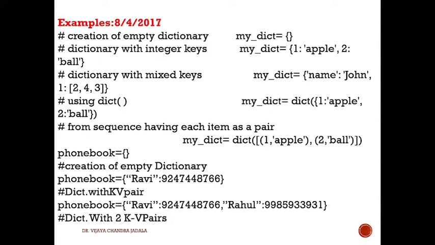Dictionary with mixed keys: my_dict equal to {'name': 'John', 1: [2, 3, 4]}. Using dict: my_dict equal to dict([(1, 'apple'), (2, 'ball')]). So these are all examples related to the dictionary.